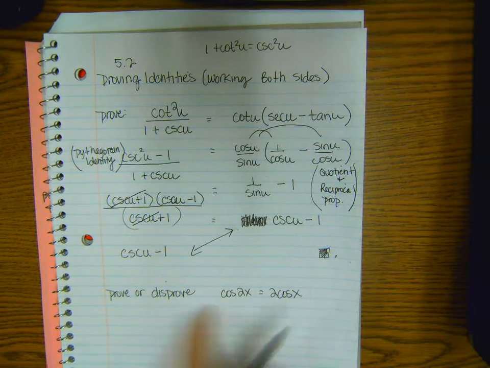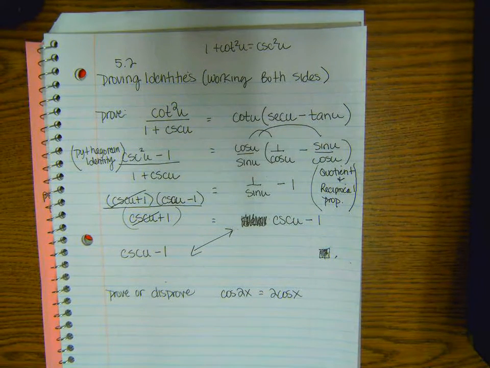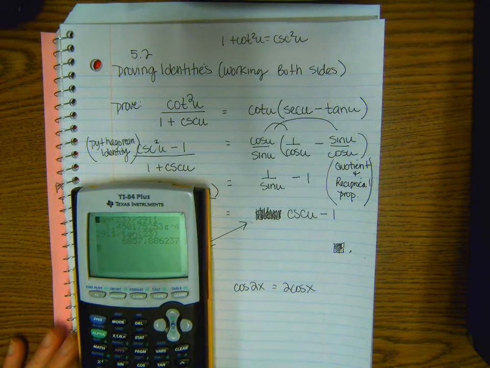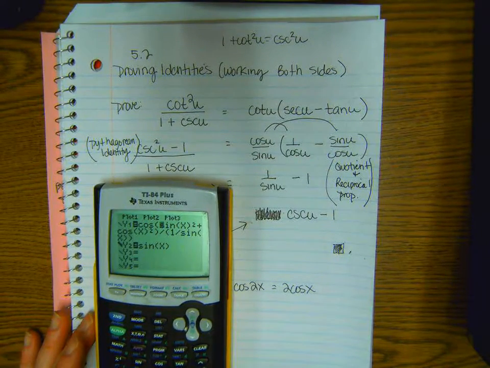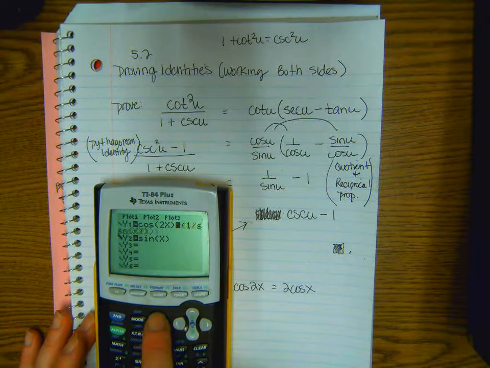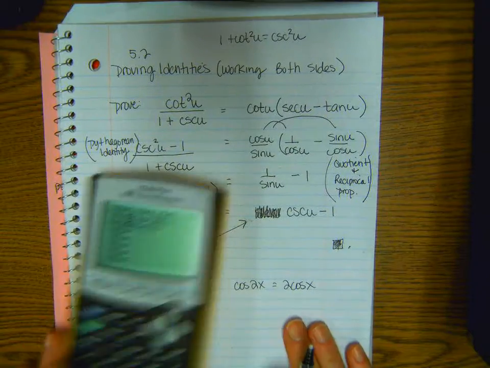Okay, now, let's say we were dealing with some values. I'm guessing it would work some of the time. But what's a way that I can check and see if they're the same? Right? Graphing calculator, let's take a look. Is cosine 2x equal to 2 cosine x, is my question.